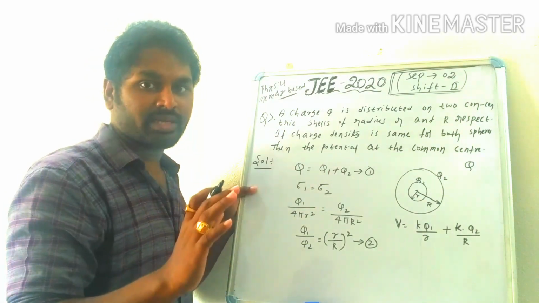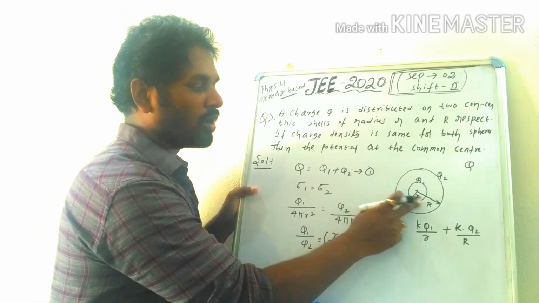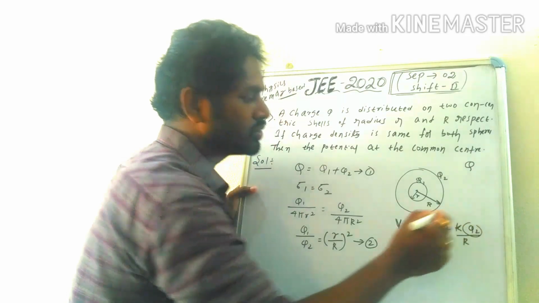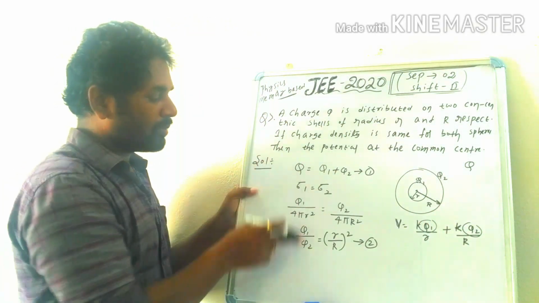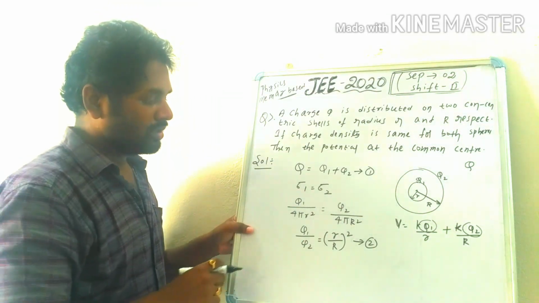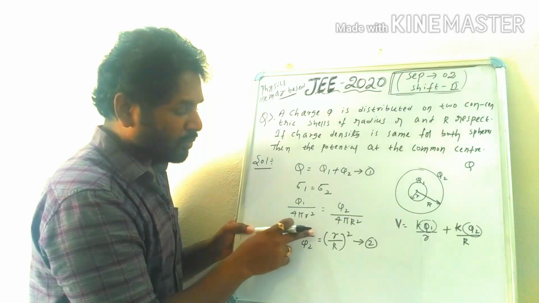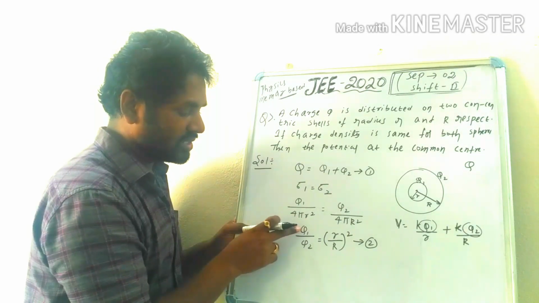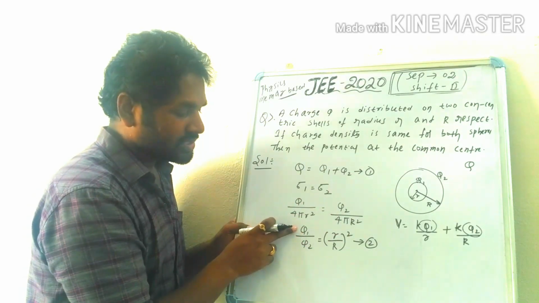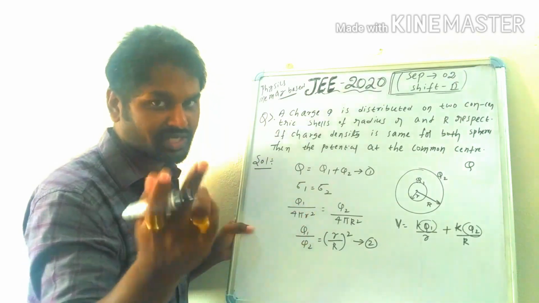But the answer is given in terms of the total charge and small r and capital R, which means we need to eliminate Q1 and Q2 from this equation with the help of these two equations. How? Let us see. Q1, the charge, is proportional to the square of the radius. You can see here Q1 by Q2 is r by R whole square, which means the charge is proportional to the square of the radius of the shell.